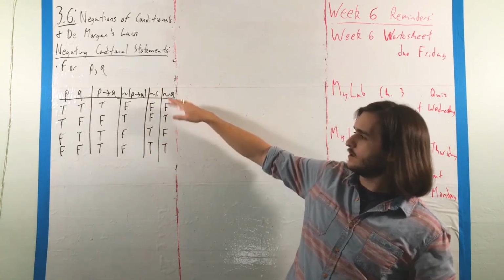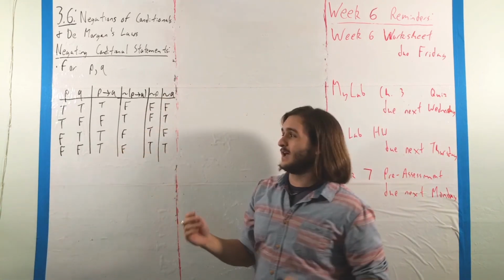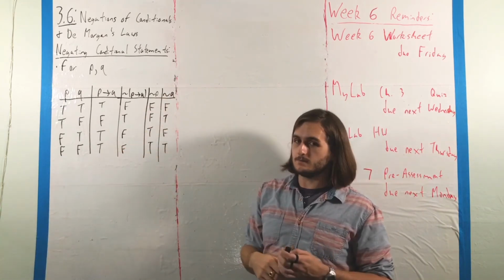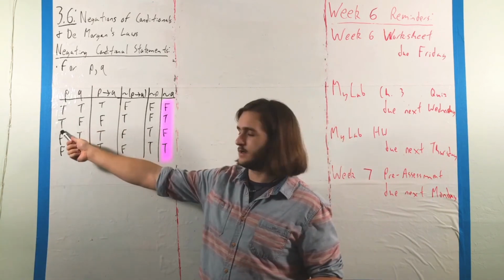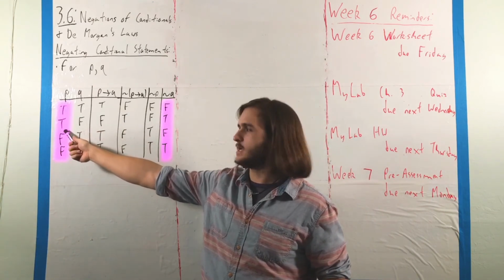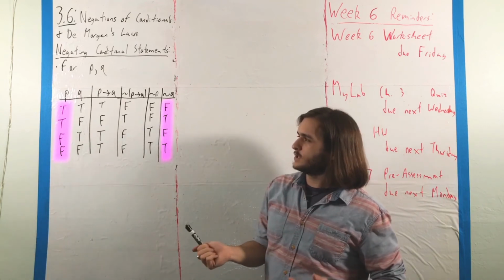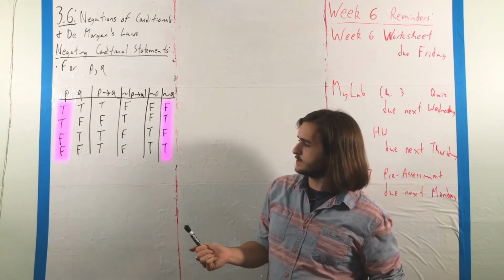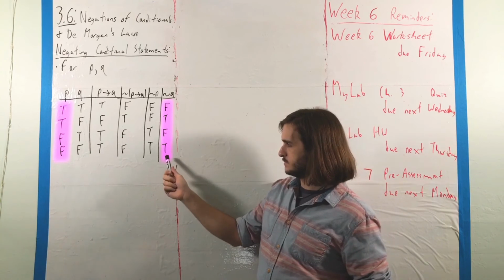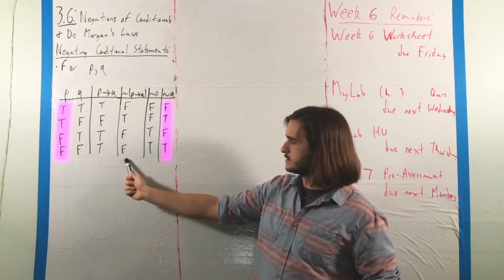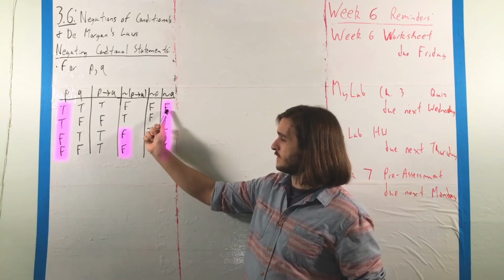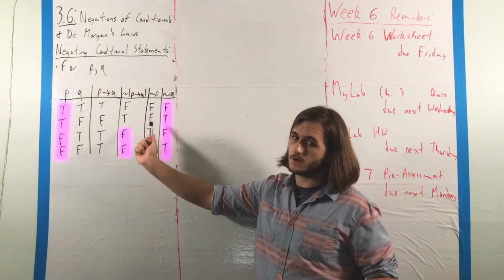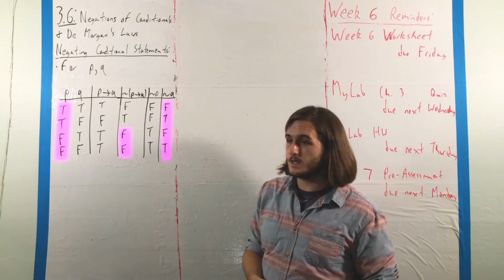So looking at all of our pieces here, there's actually only 3 times where that second one's true. Not Q, and not P, or an original P. And then we can check our other cases to make sure that works the way it's supposed to. Well, true and false is false. False and false is false, and false and true is also false. So actually we found what we need.